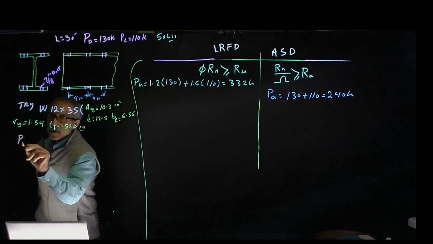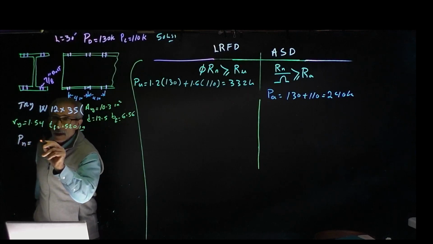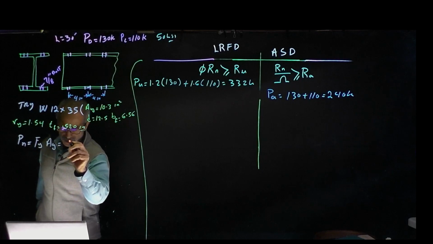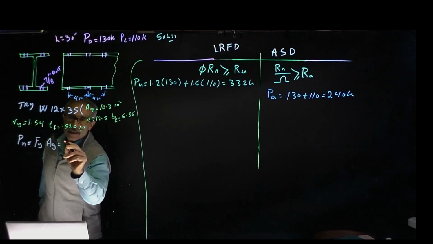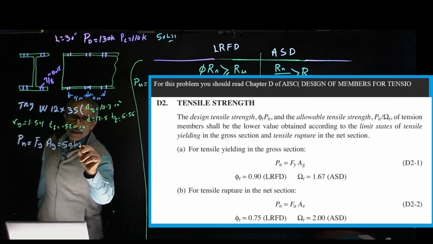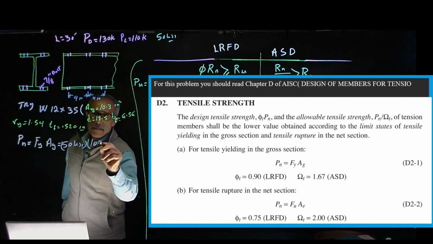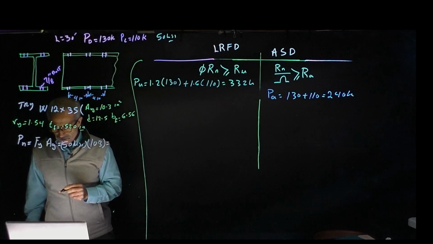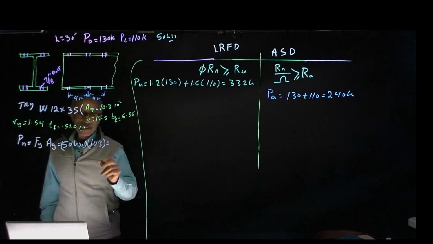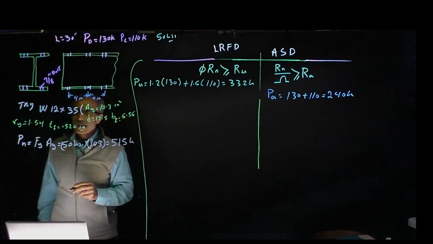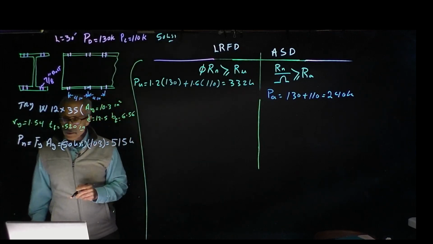Pn comes out to Fy times Ag, which is 50 ksi times the area that came out 10.3, and that will give us 515 kips. 515 kips. So keep that number in mind, we need that.